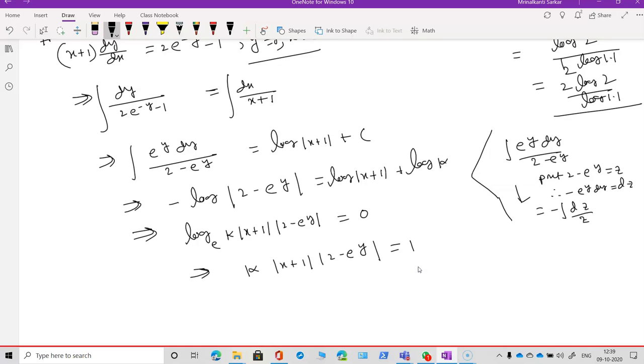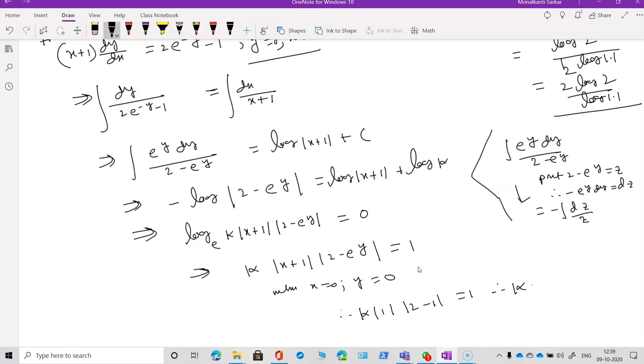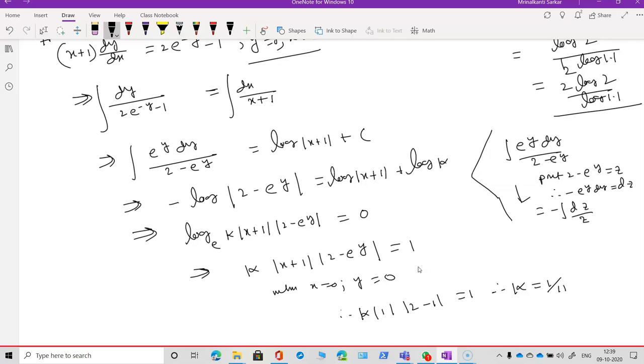Now the value of k we can find. When x equal to 0, we have y equal to 0. So k into 1. So k is equal to 1 only.